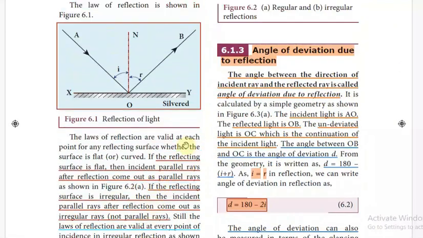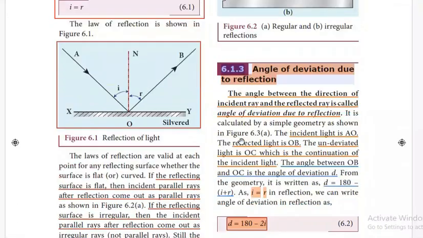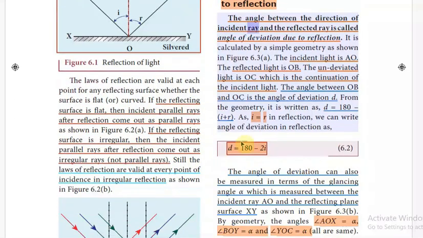6.1.3 Angle of deviation due to reflection. The angle between the direction of incident ray and the reflected ray is called angle of deviation due to reflection. It is calculated by simple geometry as shown in figure 6.3, a. The incident light is AO.